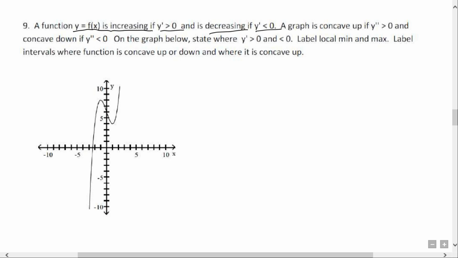If a graph is concave up, then the second derivative is more than 0, and if it's concave down, the second derivative is less than 0. On the graph below, we want to state whether the first derivative is more than 0 or less than 0, label the local min and max, and label the intervals where the function is concave up or down.